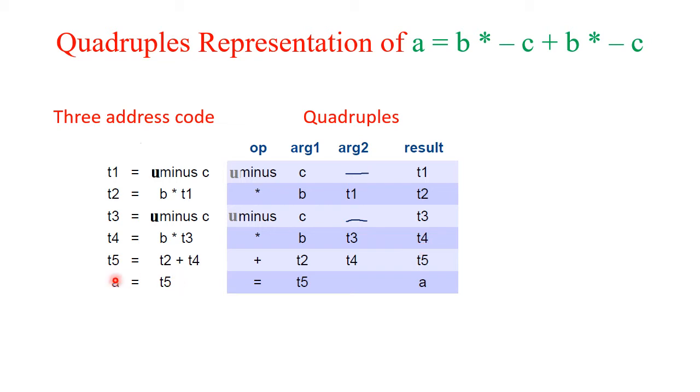Now in another statement, the operator is plus, operands are T2 and T4, and the intermediate result is T5. In this statement, the operator is equal to, the first argument is T5, no second argument, so we can keep it blank, and the result is A. So in case of quadruple representation, we have four fields: operator, argument 1, argument 2, and result.